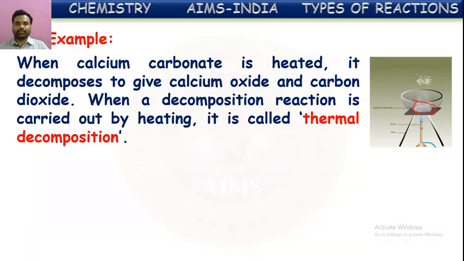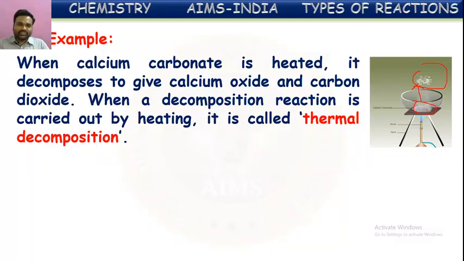Then carbon dioxide comes out in the form of gas, and a white substance remains behind, that is calcium oxide. So what is happening here? A substance is decomposed by heating. What is the substance? Calcium carbonate. So calcium carbonate decomposed into calcium oxide and carbon dioxide by supplying heat.